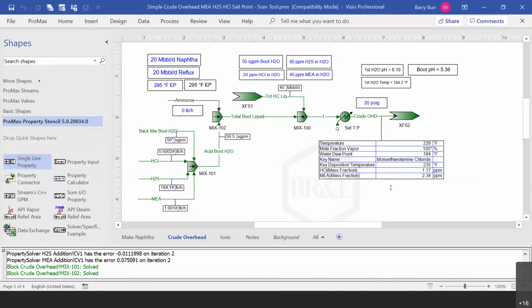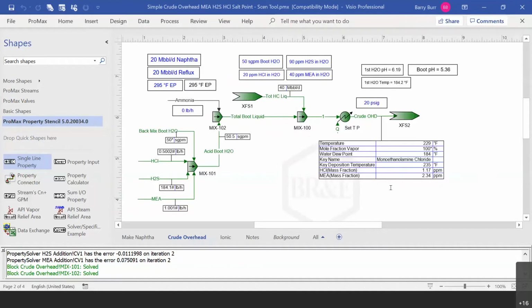And for the electrolytic calculations of the pH, I think we would be very accurate at calculating the composition of the boot water and therefore the pH of that. But if ammonia and MEA are present, there's going to be two possible chloride salts that could form. There's an ammonium chloride salt, and there's an MEA chloride salt.